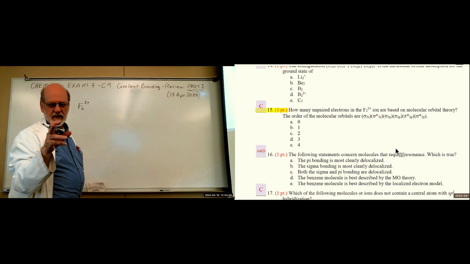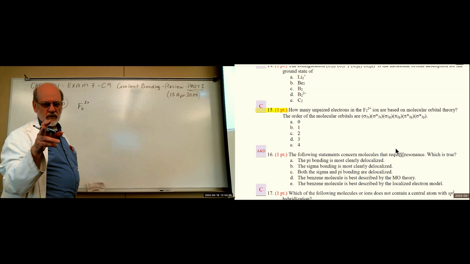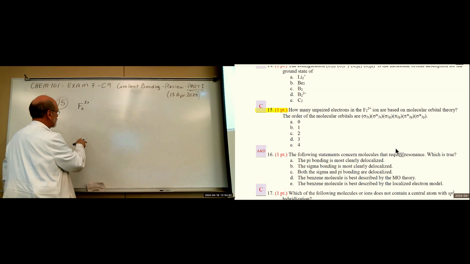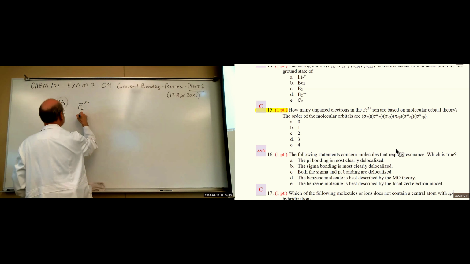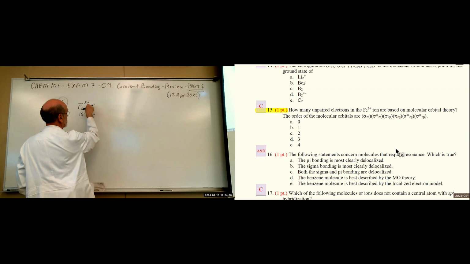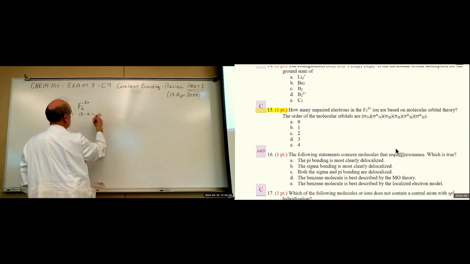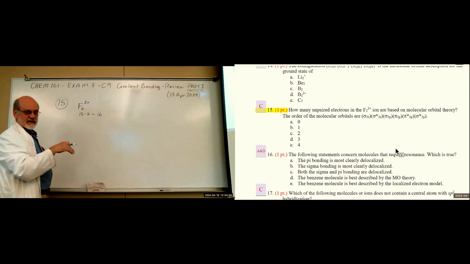Just looking at the electronic structure, we're starting with a 2s. If we put the total number of electrons in here, that would be 18 minus 2 to make the 2+, so 16. But we're leaving out the 1s's.